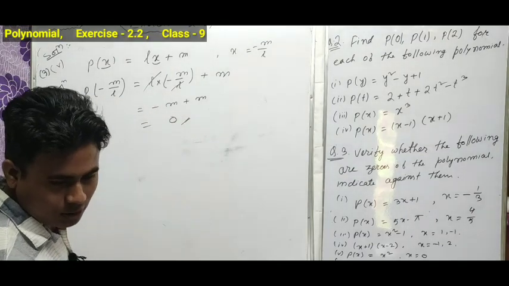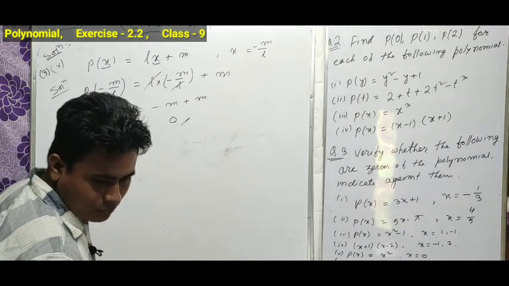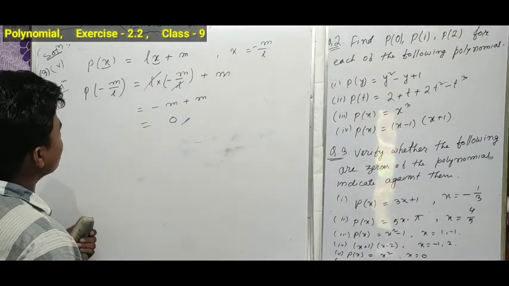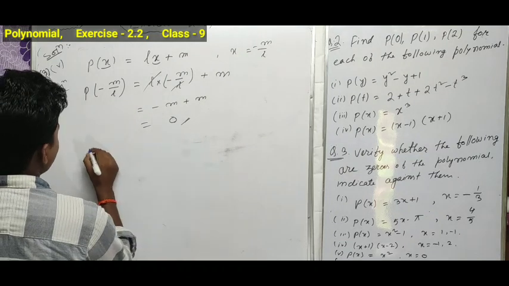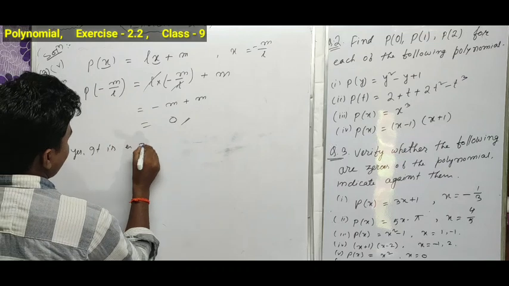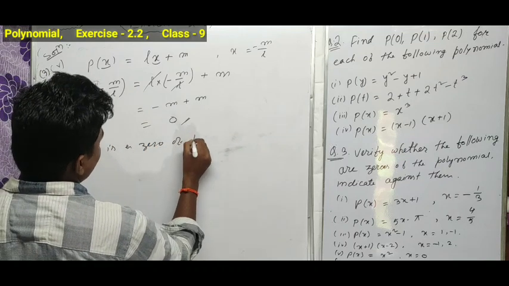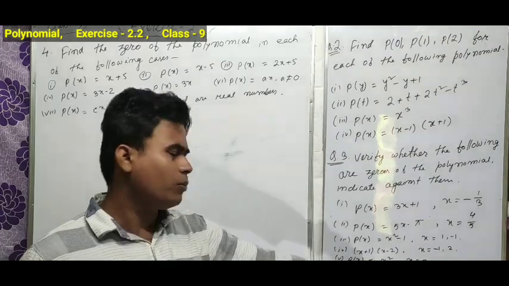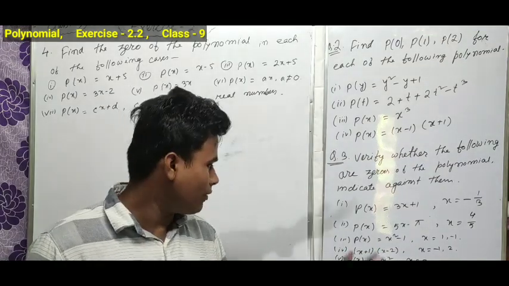That is the zero of the polynomial. Hope you did this 7, 8 nicely.